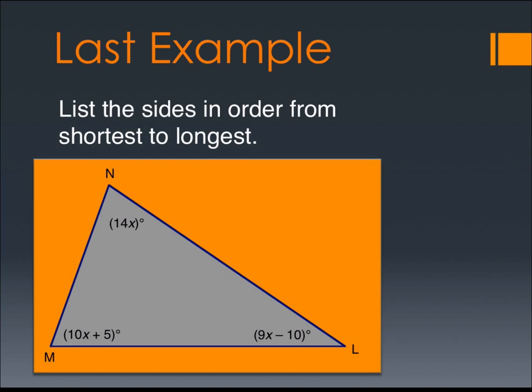The middle side is NL. Newt llama. And then the longest side is ML. Monkey line. Is she right? Yeah. Okay, tell us how you did that, Grace. I added all the angles together to equal 180. And what did you get for X? 185 over 33. Yeah, excellent.